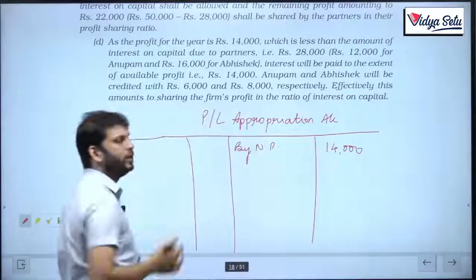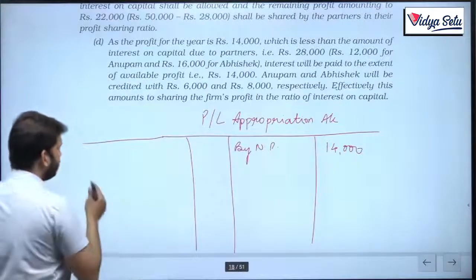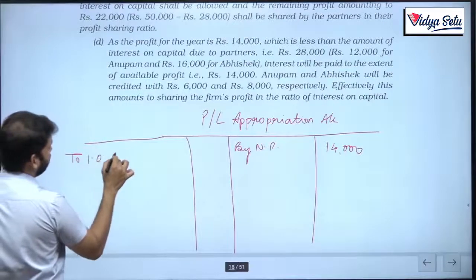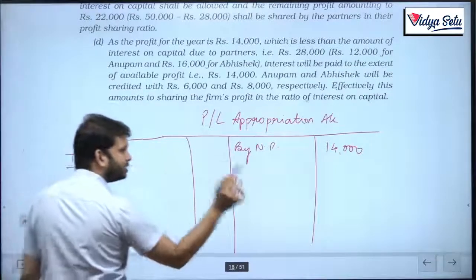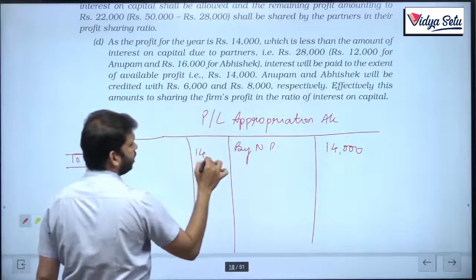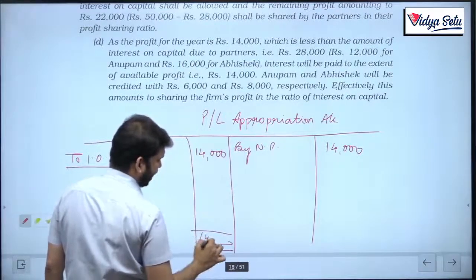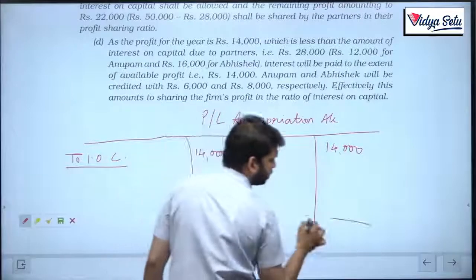We cannot provide 28,000 interest on capital. So interest on capital has to be a maximum of 14,000, so that the balance tallies at 14,000.